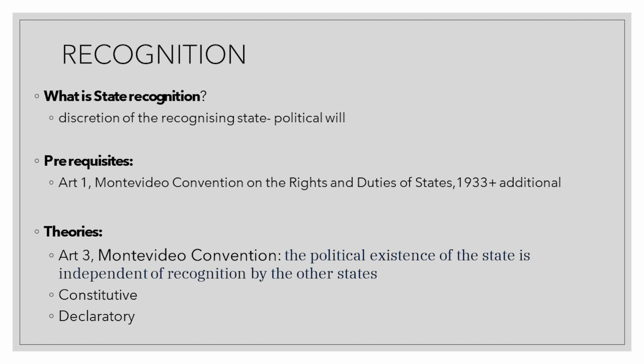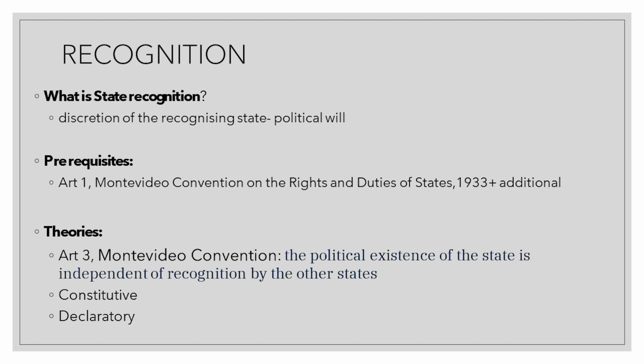So, for example, a state gets independence on 1st January 2006, and other states, state A and B, recognize it on 1st February 2010 and 1st March 2011 respectively. As per constitutive theory, the state which has come into existence on 1st January 2006 is actually constituted for state A on 1st February 2010 and for state B on 1st March 2011.